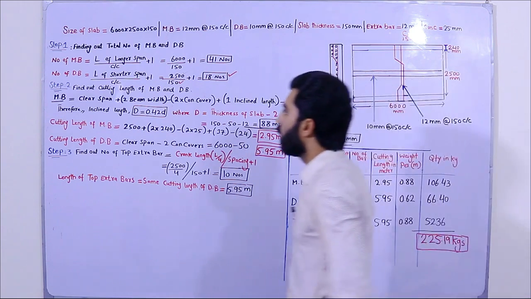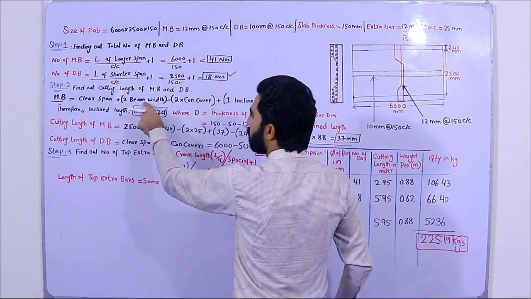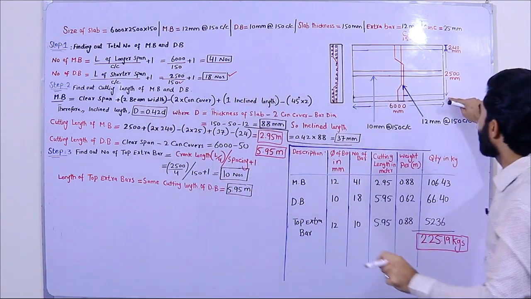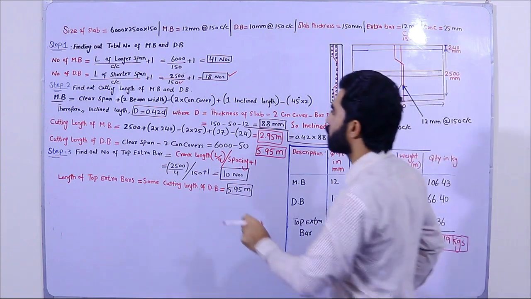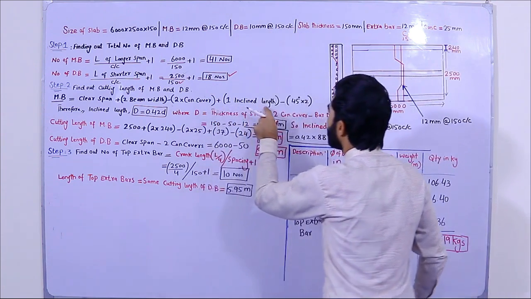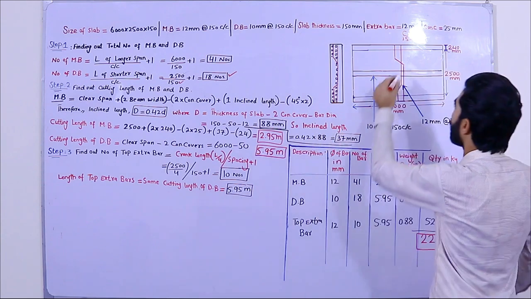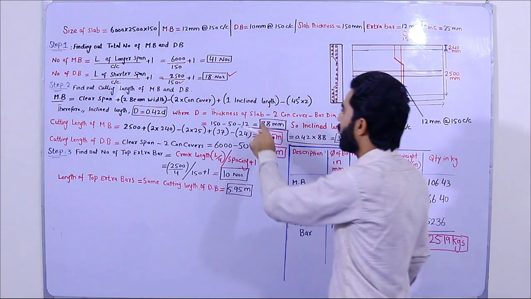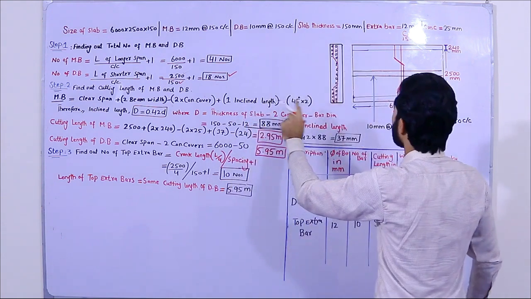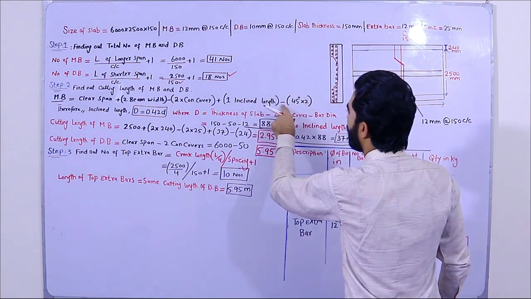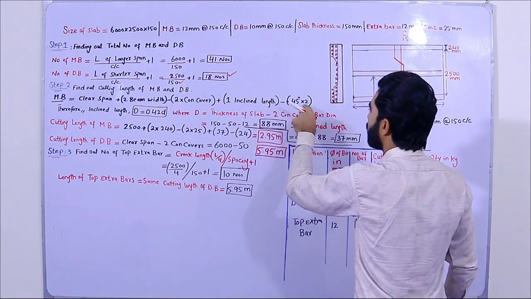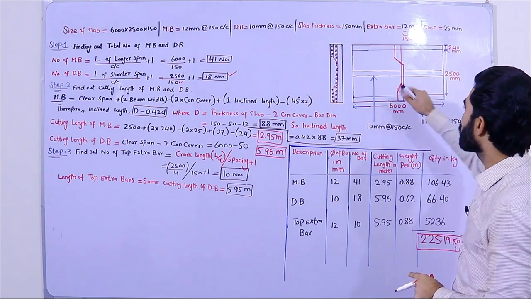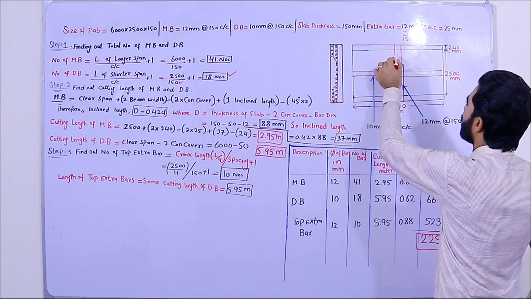So clear span plus 2 beam width minus 2 concrete cover, one side concrete cover, other side concrete cover, which is 25 millimeter, plus 1 inclined length, which is for the bend. Then minus 45 multiplied by 2, because we will deduct the bend.